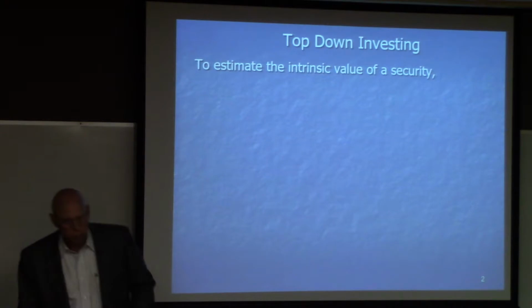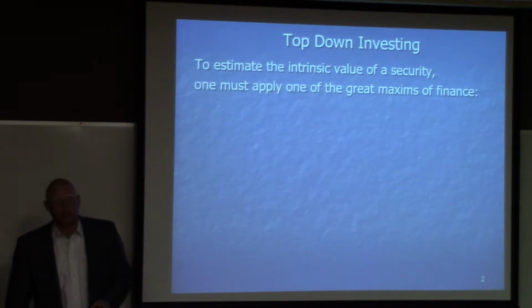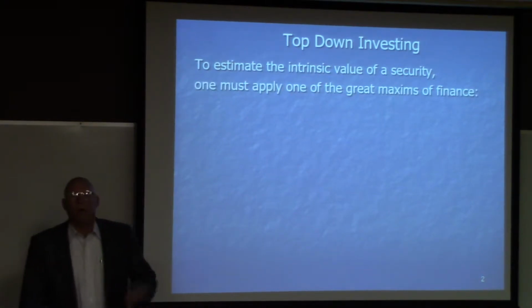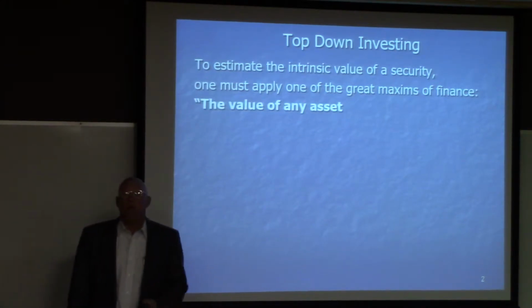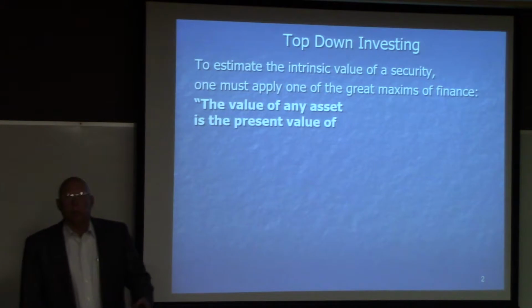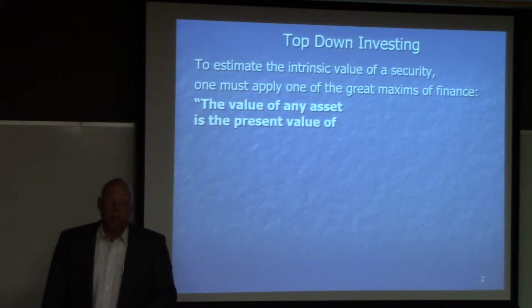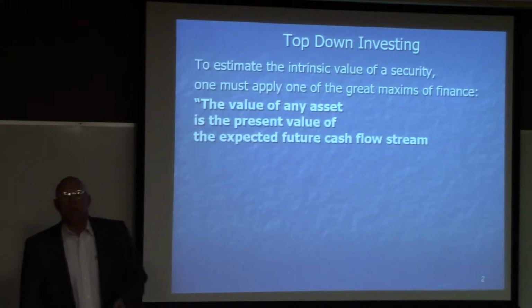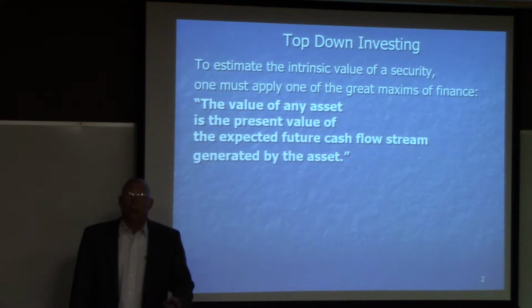Okay. So to estimate the intrinsic value of a security, one must apply one of the great maxims or sayings of finance. The value of any asset is the present value, what we should pay today, of the expected future cash flow stream generated by the asset. Why do we buy an asset, something of value?